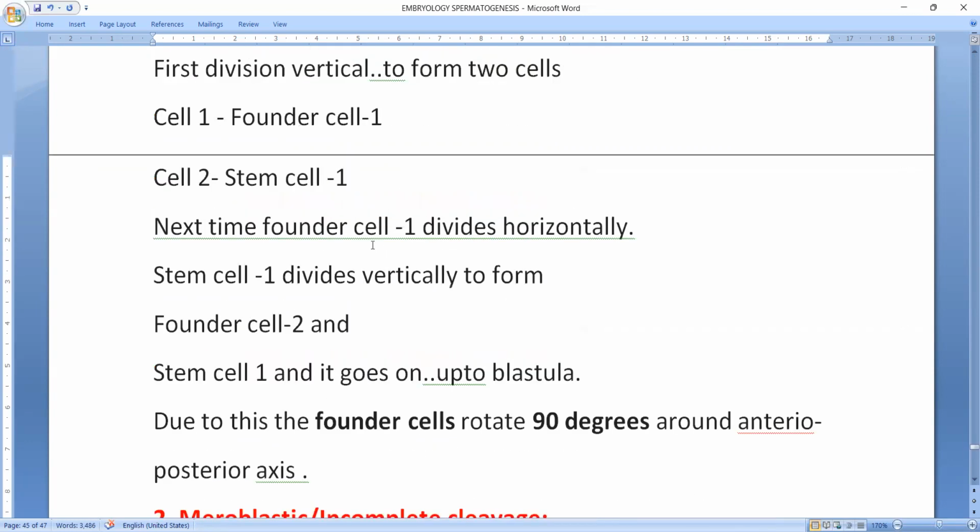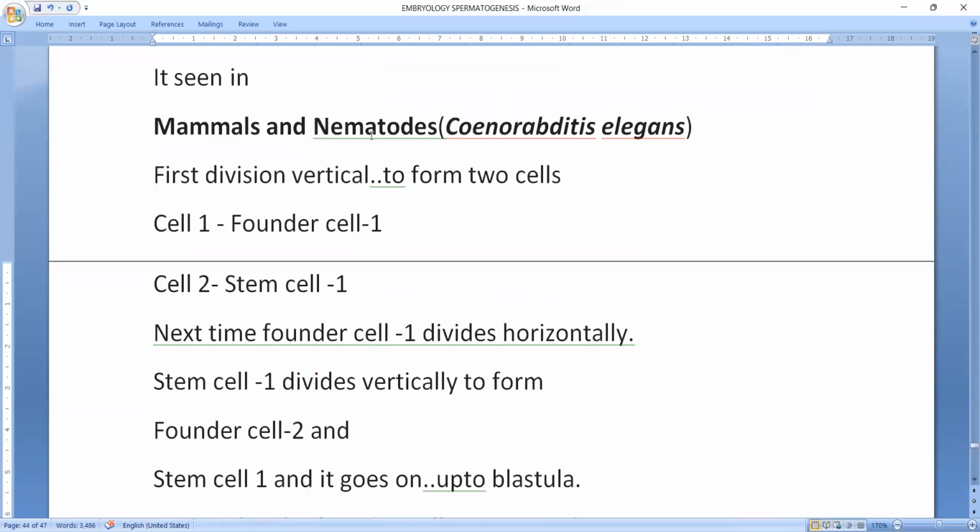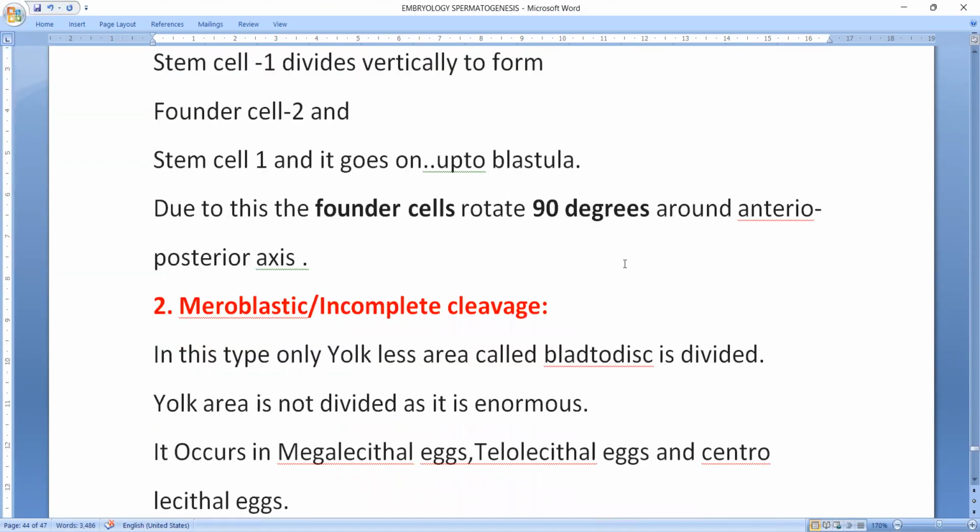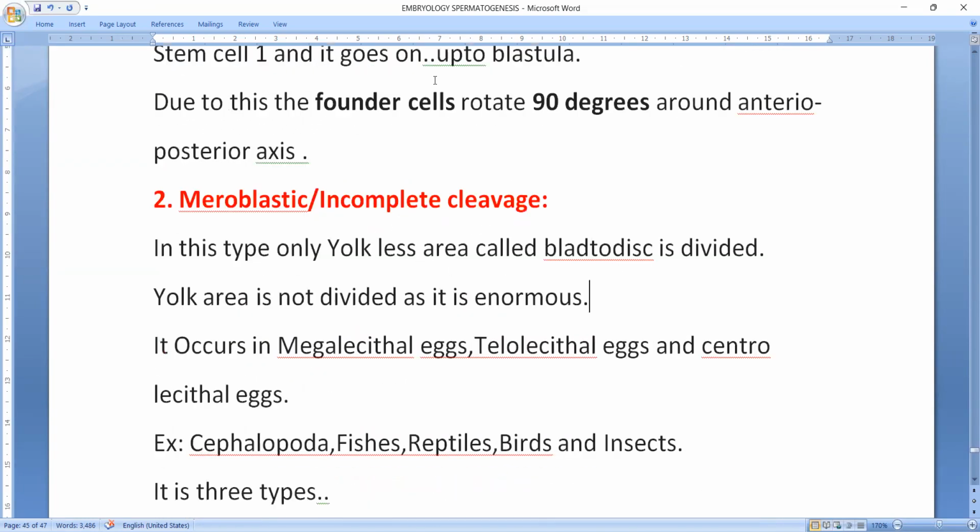Here you should remember the examples, mammals and nematodes, particularly Caenorhabditis elegans, which is a very, very famous animal in the field of genetics, particularly embryology. Still many studies are going on Caenorhabditis elegans. Anyway, meroblastic cleavages are incomplete cleavages.